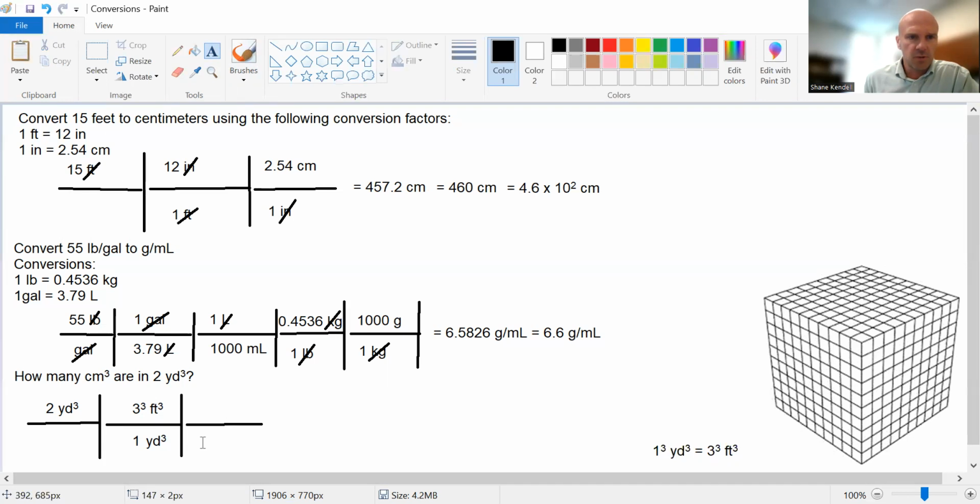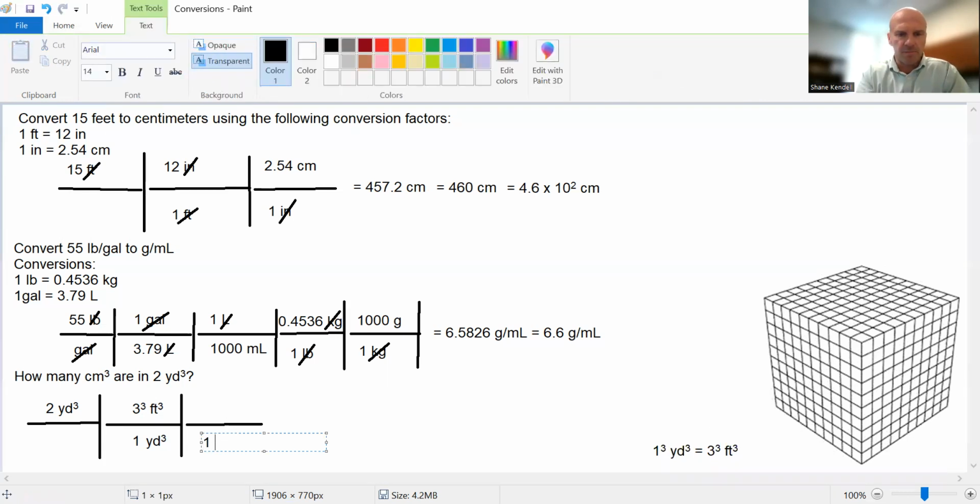So when I put down my 1 cubic foot, the conversion, again, this could be a 1 cubed, then I'm going to have 12 inches normally for a linear sense, but because we're cubing, it's going to be 12 cubed and then inches cubed.